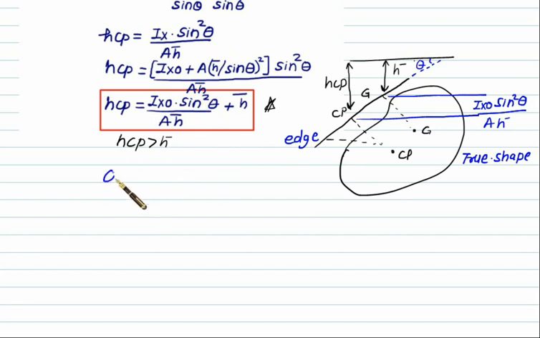But if we have theta equal to 0, then we have the plane horizontal. And if the plane is horizontal, in that case the sine theta will vanish, and we have SCP equal to h bar. But for any angle other than 0, SCP is always greater than h bar.